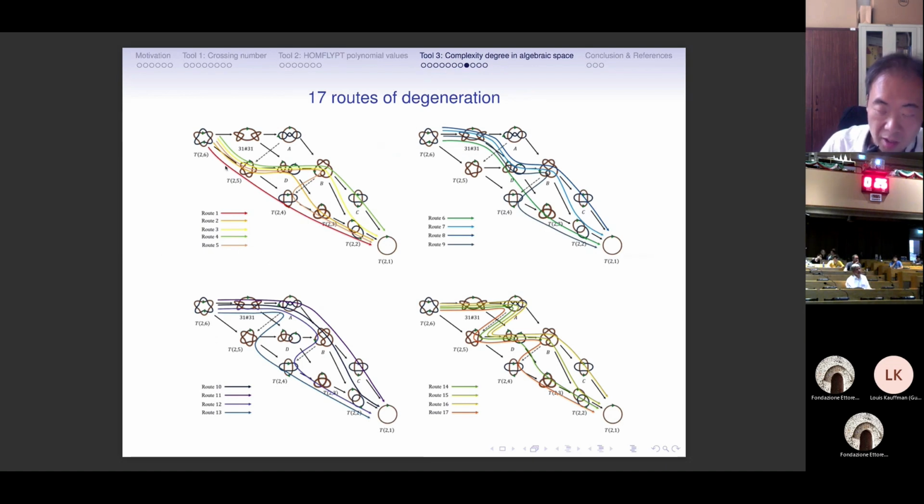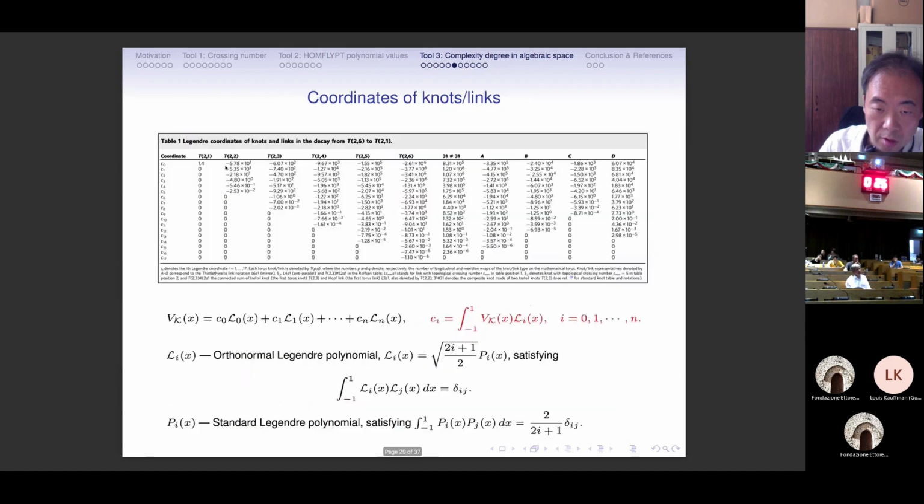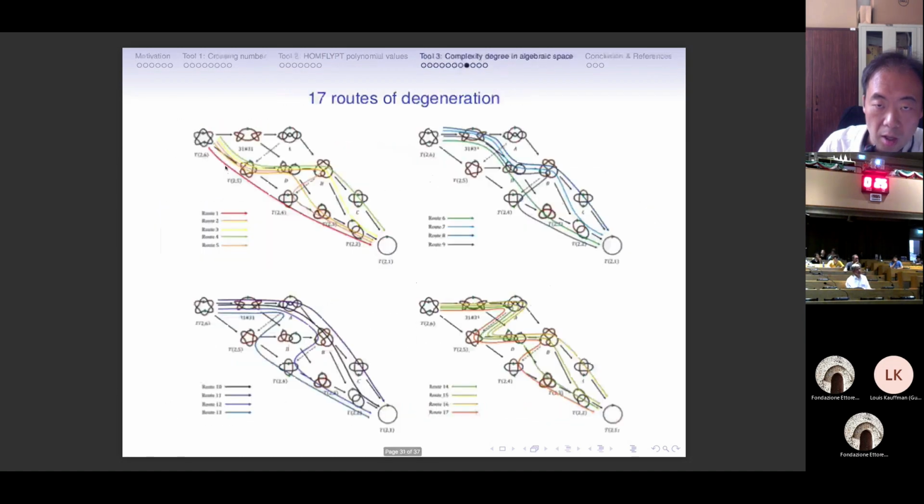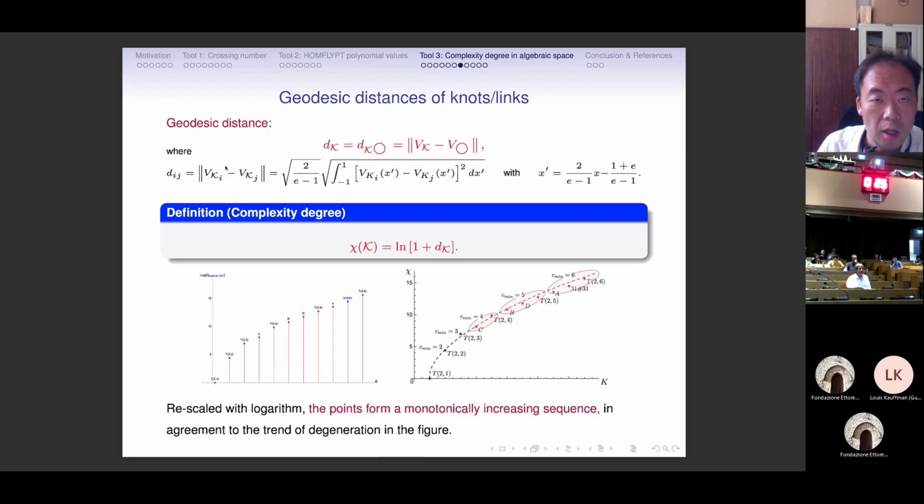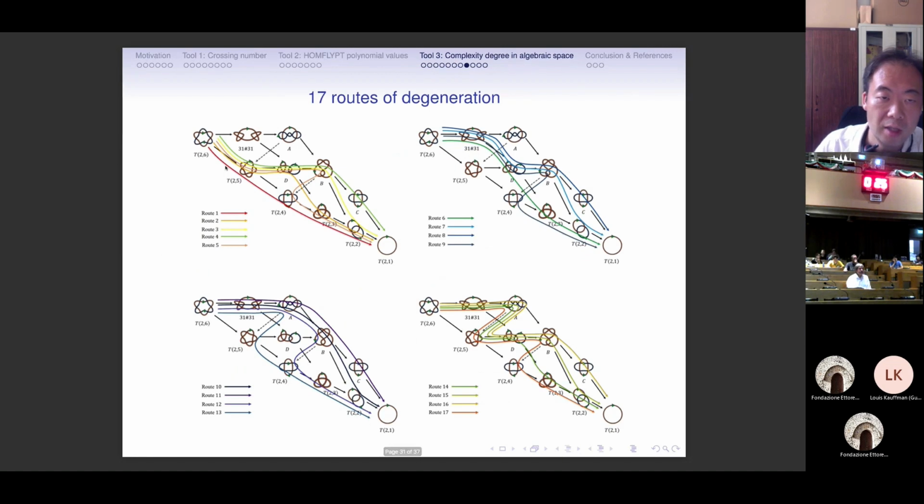Then, if we ask a degeneration route to have a monotonically decreasing complexity degree, if we put upon this requirement, then we can find 17 routes in total.